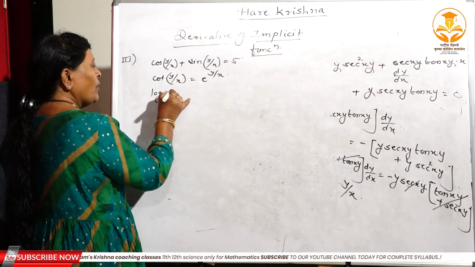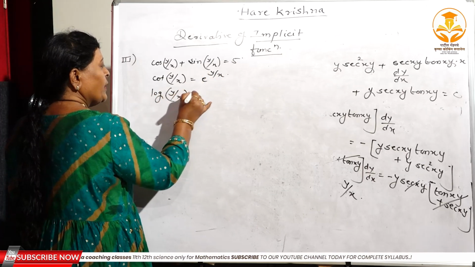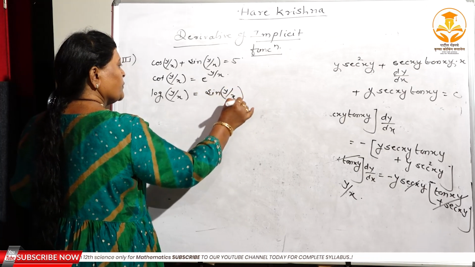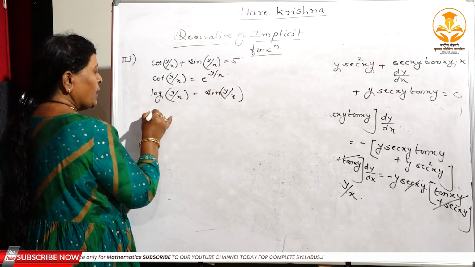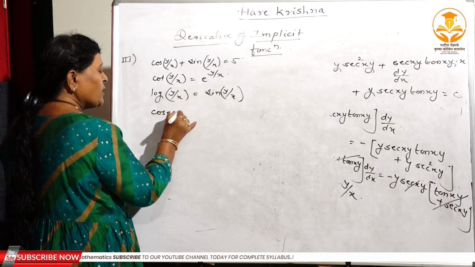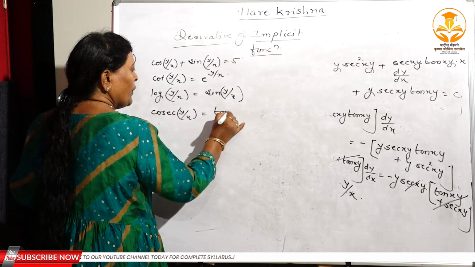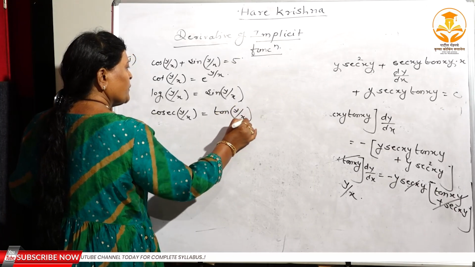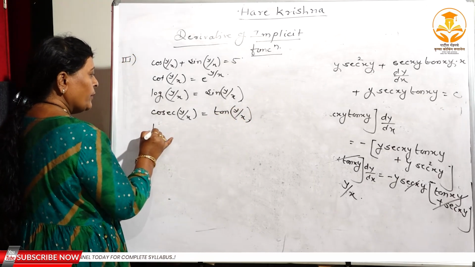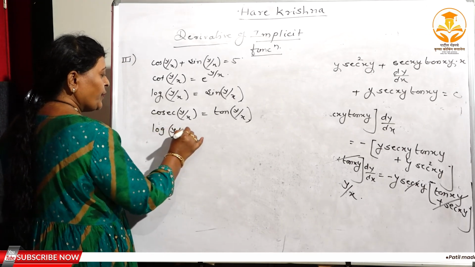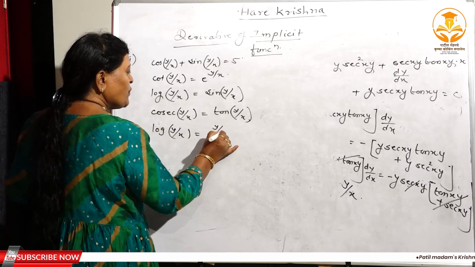Now again, log of y by x is equal to sin y by x, right? Then comes cosec y by x is equal to tan y by x, right? Again, the log of y by x is equal to e raised to y by x.